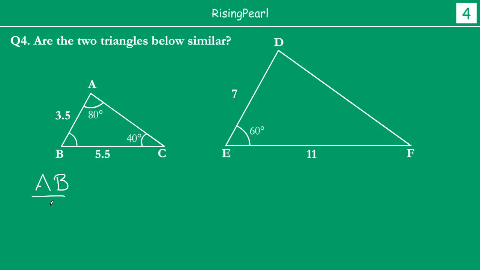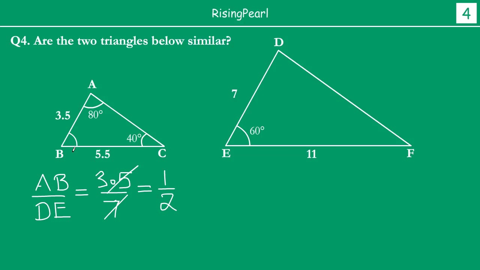AB by DE is equal to 3.5 by 7, which is 1/2.